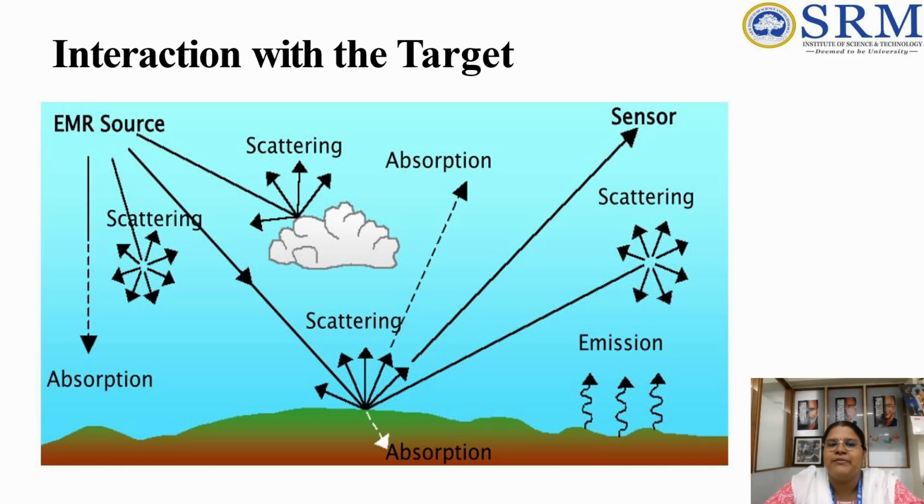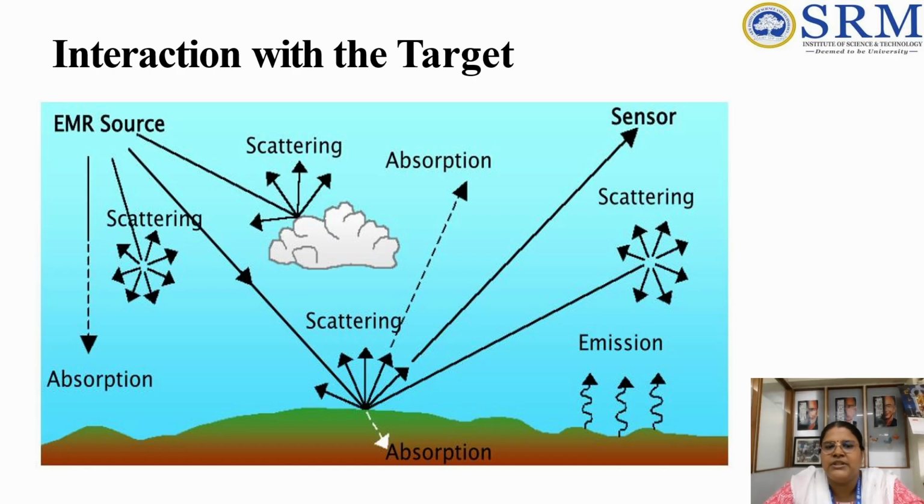So what will happen when there is an interaction with the target? The energy source will be sending signals to the target, and once it reaches the target, it will be reflecting back. What is happening before it reaches the target? The first interaction of the EMR will be with the atmosphere.